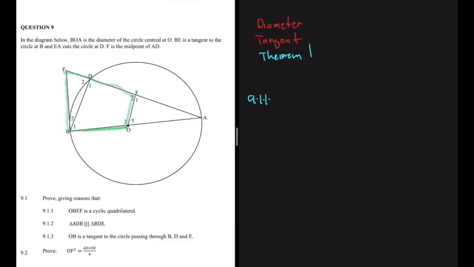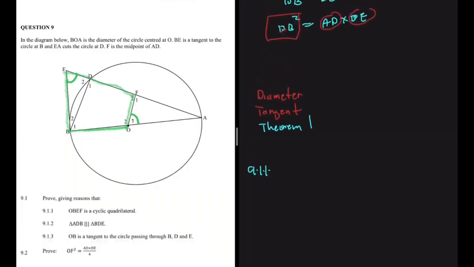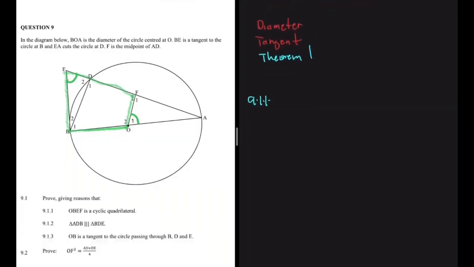So back to the definitions, right? If it's a cyclic quadrilateral, then what should happen? This angle O1 should be equal to this angle E. The exterior angle should be equal to the interior opposite. Or F1 should be equal to the entire angle B. That's if indeed it's a cyclic quad. So that's what we're essentially trying to prove.